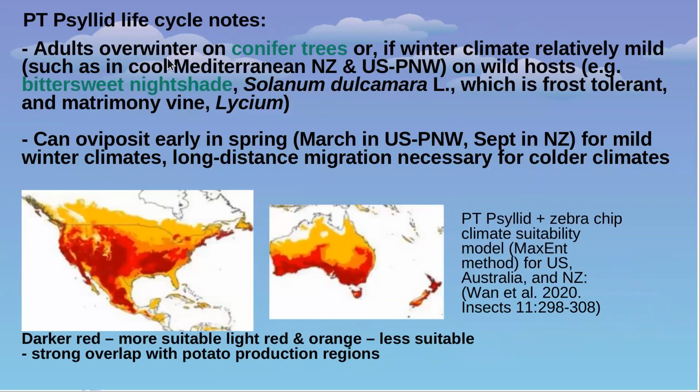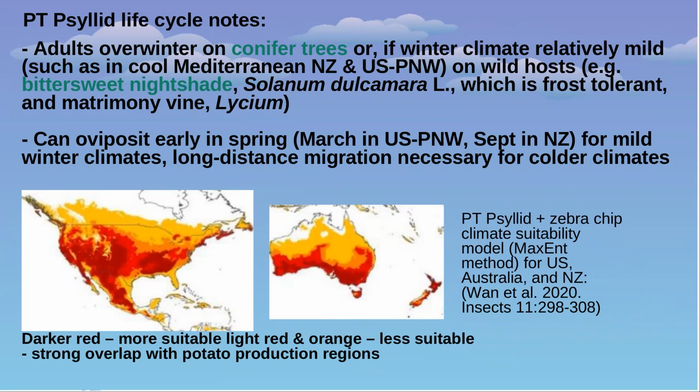Of course, adults are known to flee the field when the days get short and the weather gets cold in the fall. And so the psyllids are well known to overwinter, kind of like aphids. They will seek out shelter in trees, in the bark, and especially in coniferous trees.